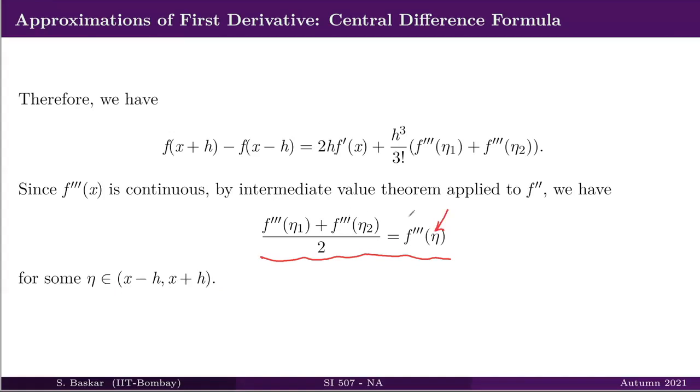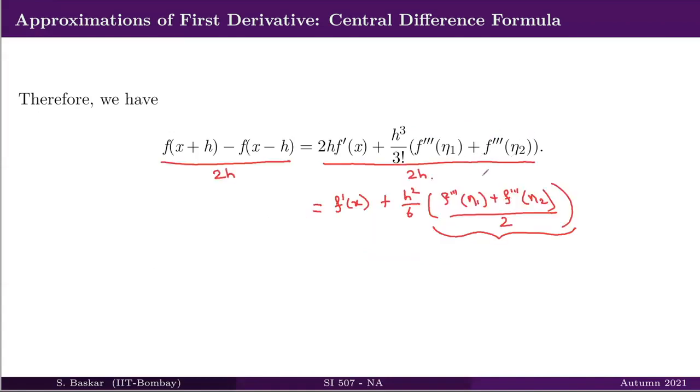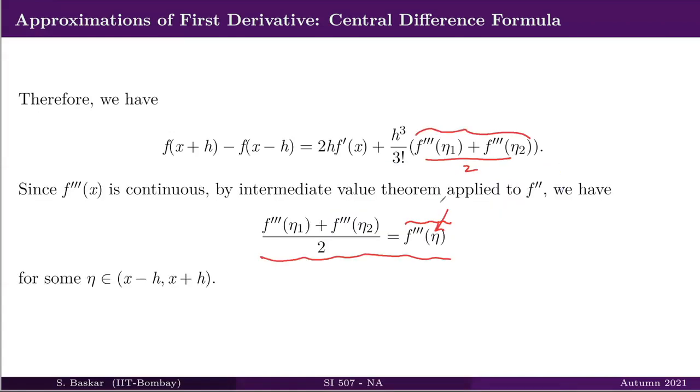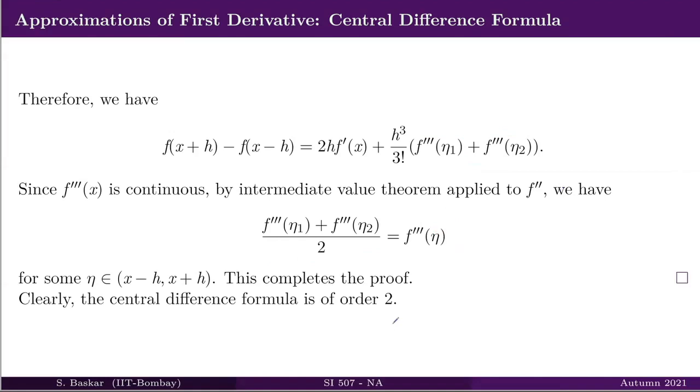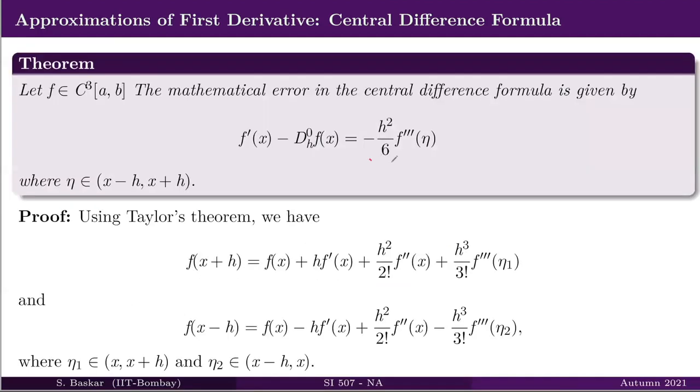So you just substitute this expression for the expression in the bracket. Remember, there was a divided by 2 here. If you recall, this is what we have in the bracket, and that can now be replaced by f triple dash of eta. And that is precisely what we want to show as the expression for the mathematical error involved in the central difference formula.